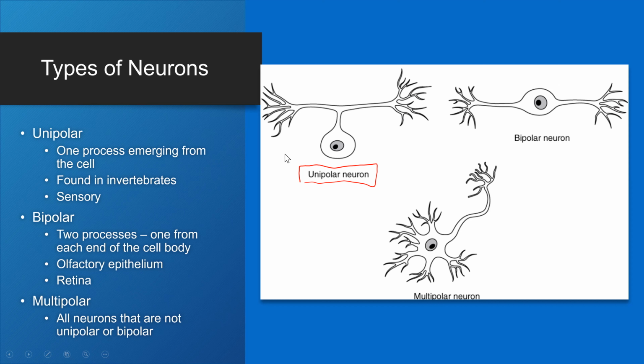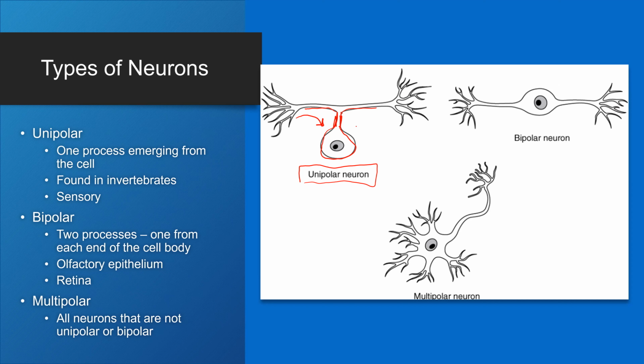What does it mean? It means we have a cell body here, and we have one process from the cell body, and then it splits into a peripheral process and a central process. We don't even call it dendrite and axon, but it's kind of like it. The peripheral process will bring information towards the cell body, like your dendrite.